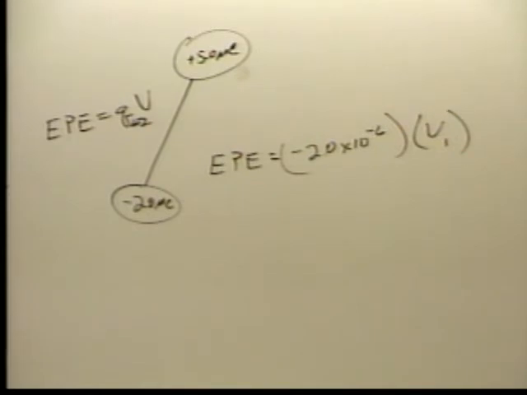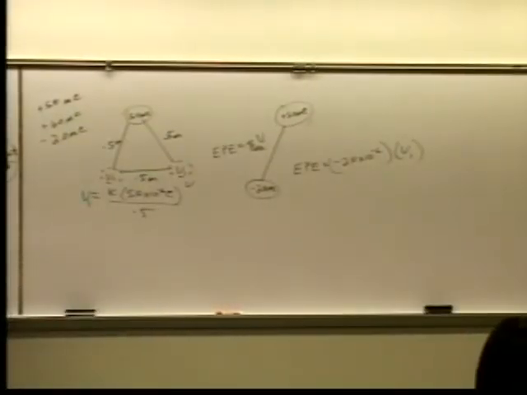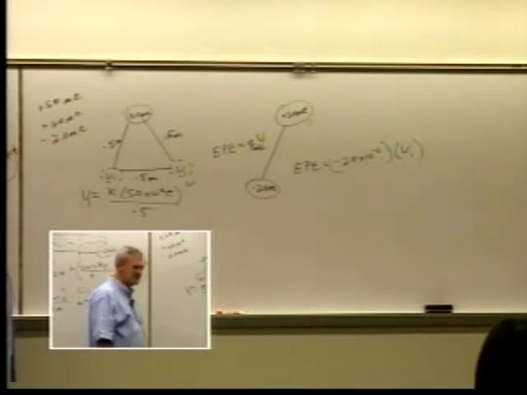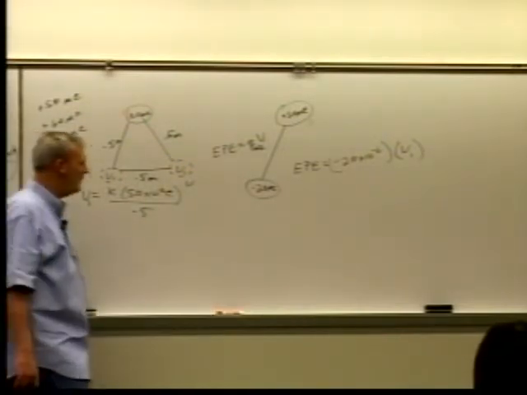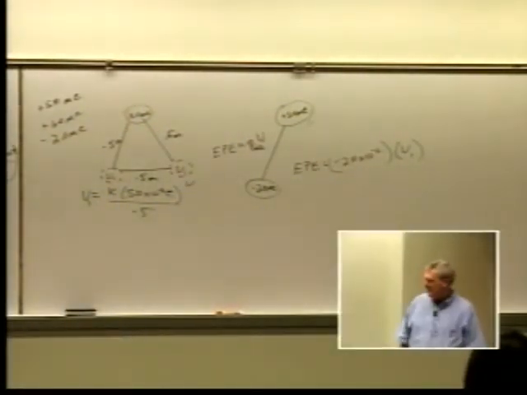Here's V1 right here. Oh, I know, it's 0.4. I'll bet money. Or is it 0.2? What'd you get? Okay, don't worry about it. That's what the electric potential energy is going to be right now.